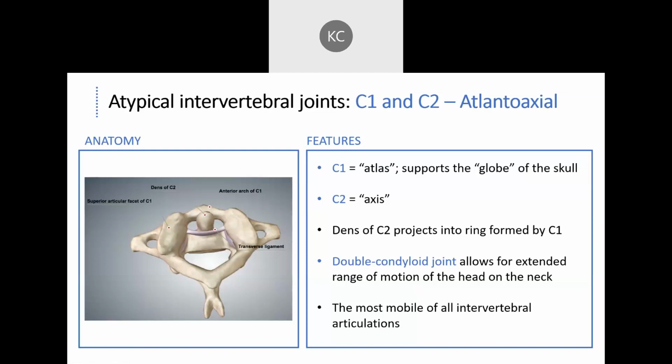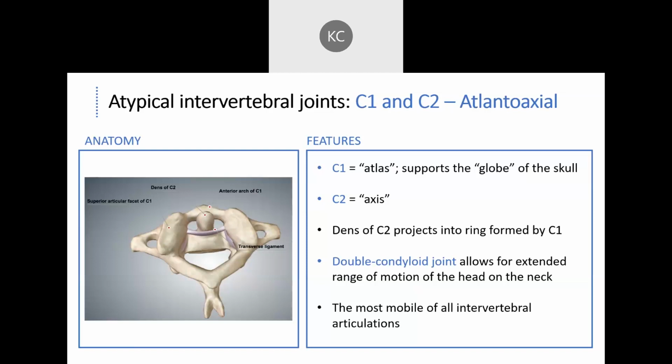So the odontoid process articulates with this arch here of C1, and then this ligament of C1 as well. And this C1 can then pivot left to right, side to side, around that dens, all right? And so what this allows for is for our head to move side to side, left to right, and back again to non-verbally indicate no, right?